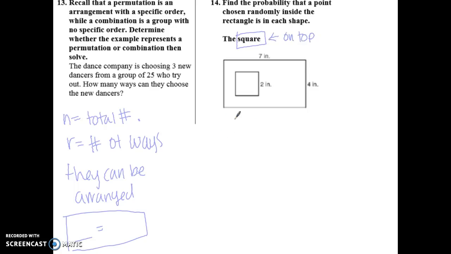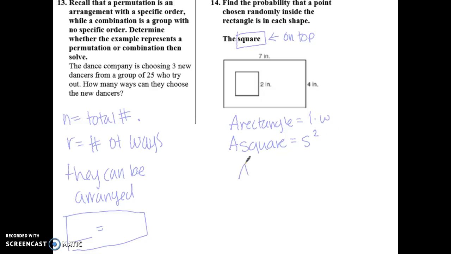So we need 2 things here. We need the area of my rectangle. In case you forgot, you find that by multiplying your length times your width. But you also need the area of your square. That's just S, side squared.